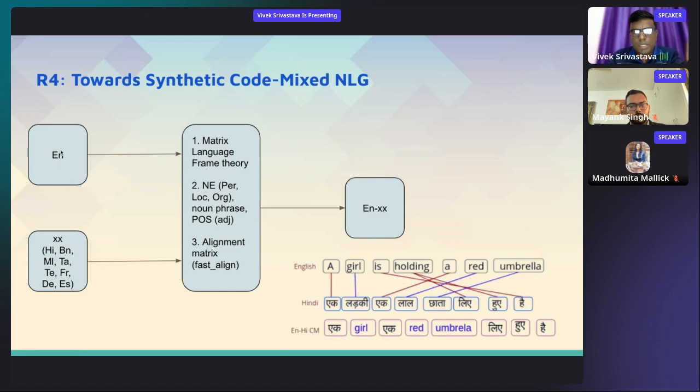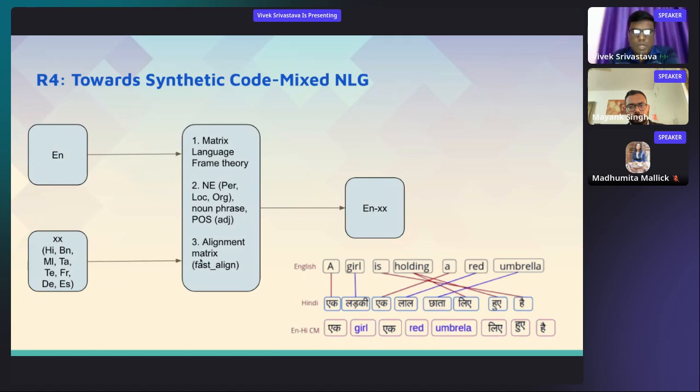The words from the English language will be embedded into this sentence. So this is how the final English sentence looks. The grammar is set up by the Hindi language, and the words from the English language are just added or embedded here.